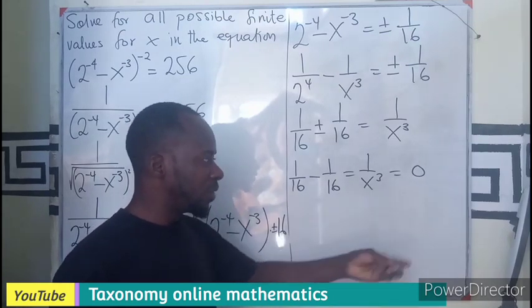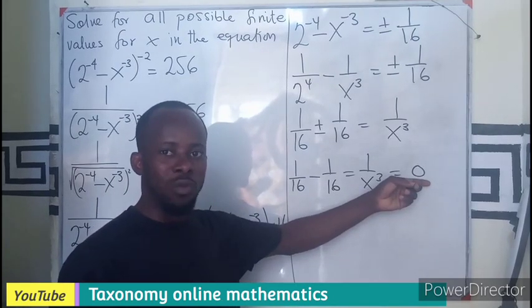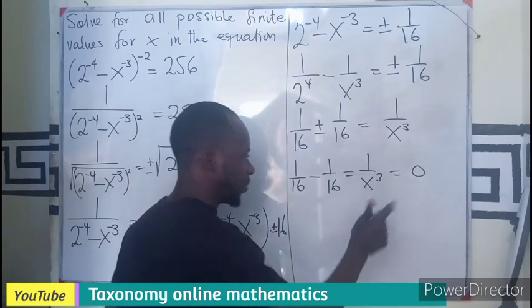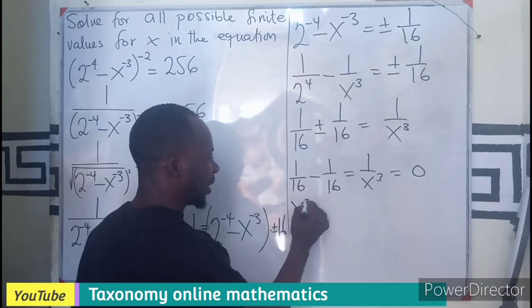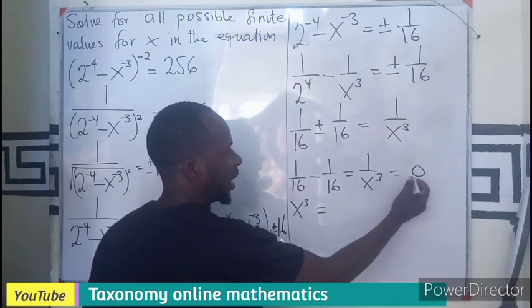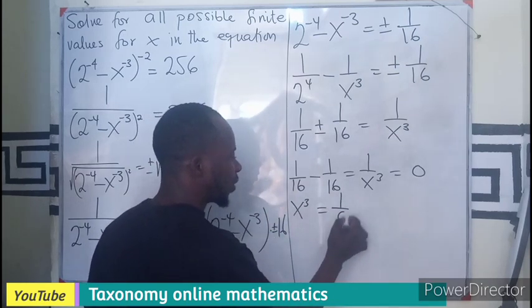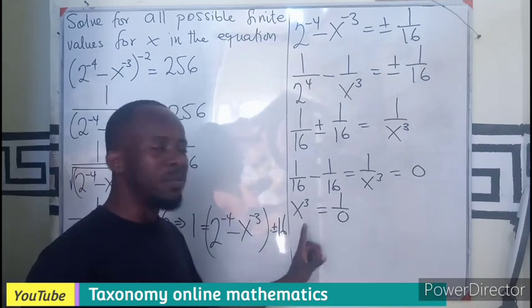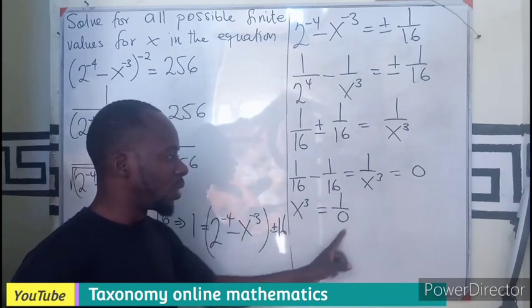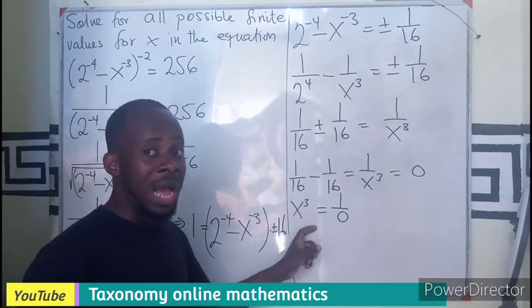If we invert both sides, don't forget there's a denominator of 1. If we invert, meaning changing the position of the 2, x to the power 3 will be equals to what? There's 1 here, it goes up to give us what? 0. So now taking the cube root of both sides will make this particular equation become undefined.